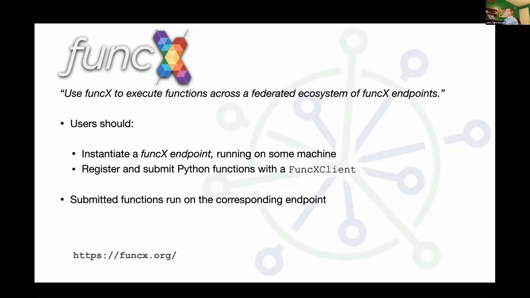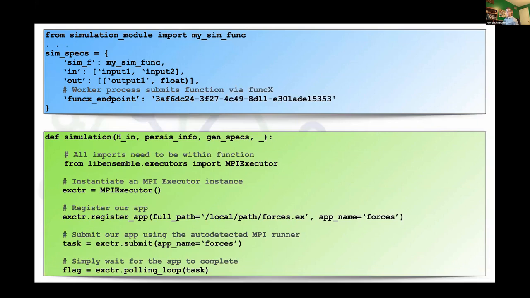Similarly to Balsam, funcX operates a cloud service to which tasks are submitted, then sent out to corresponding funcX endpoints on separate machines. For libEnsemble users, you need to initialize a funcX endpoint on a target machine and then note its endpoint ID. Then within SimSpecs and GenSpecs, specify this endpoint ID in the optional funcX endpoint field.